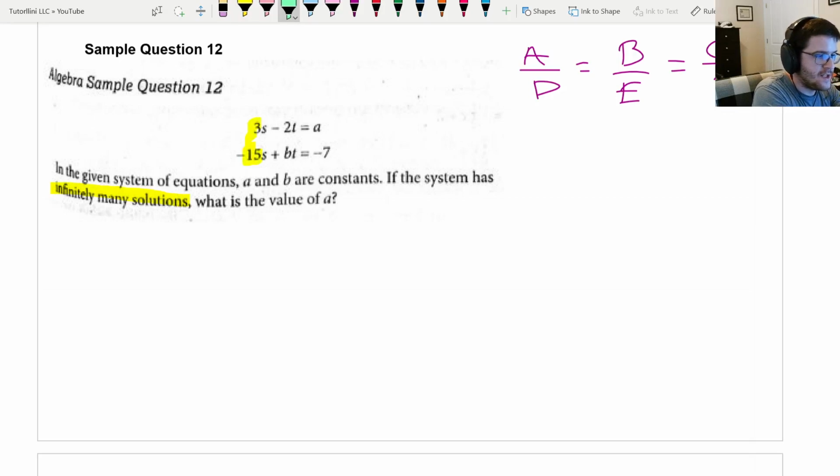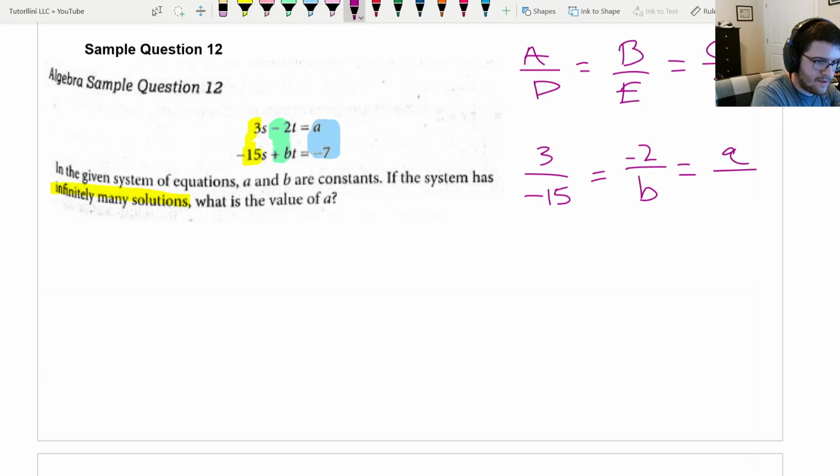You can just pretend S and T are like X and Y. So we get 3 over negative 15 equals negative 2 over positive B equals A over negative 7.